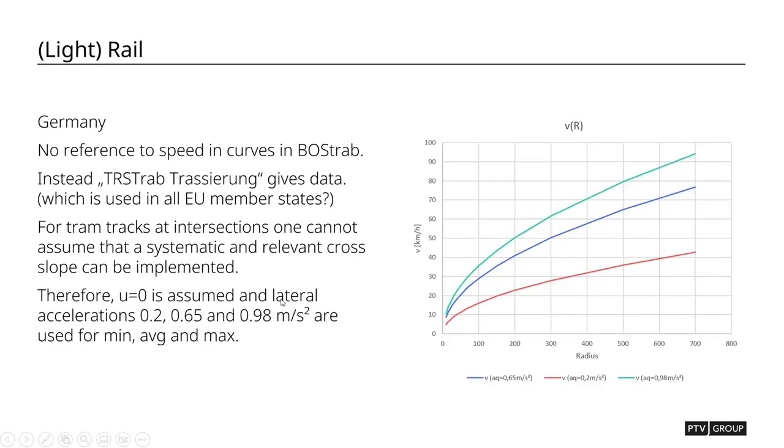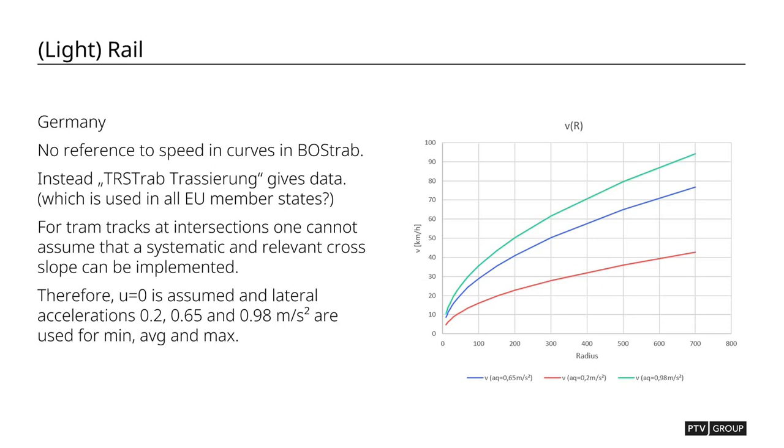The difference for light rail, I think, and that's what I only guess, is that when you have a tram in a city and it's running together with the cars on the road and on an intersection, again, we cannot really assume that there is a significant supportive super elevation of the tracks, because then the intersection would get bumpy because the tracks would be at different heights.